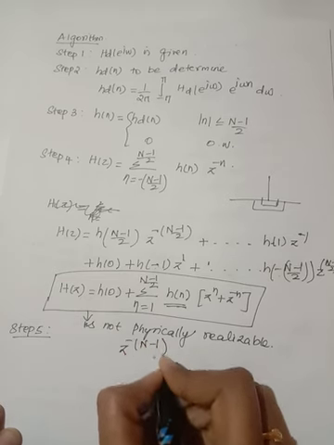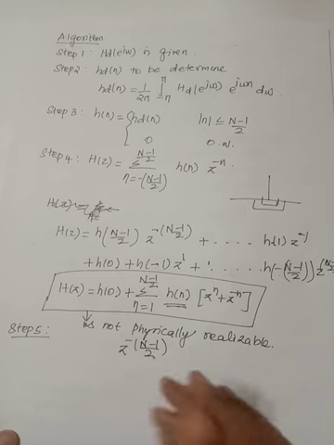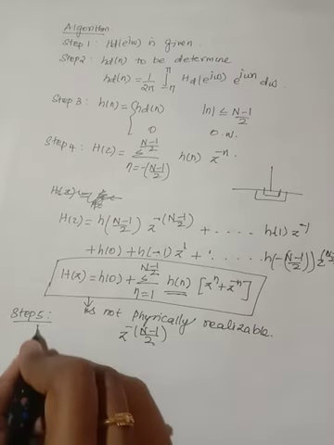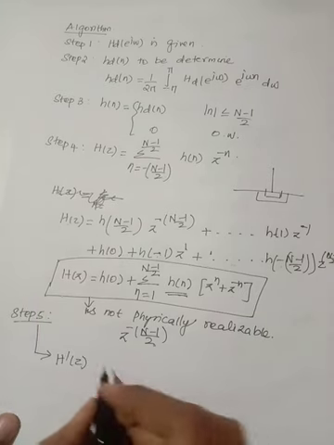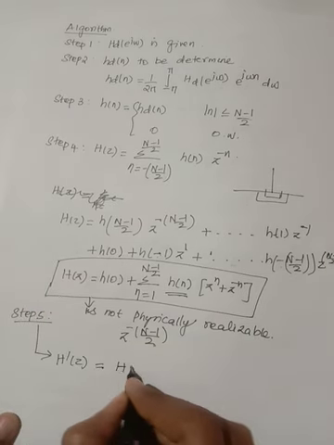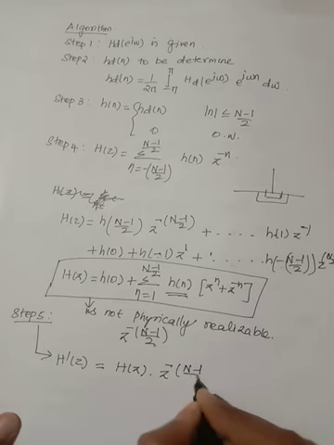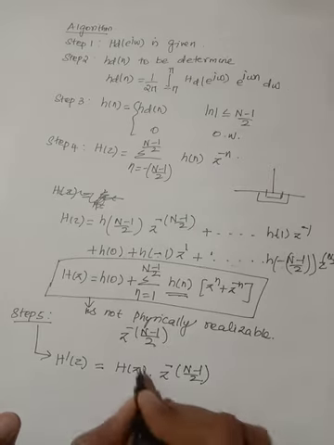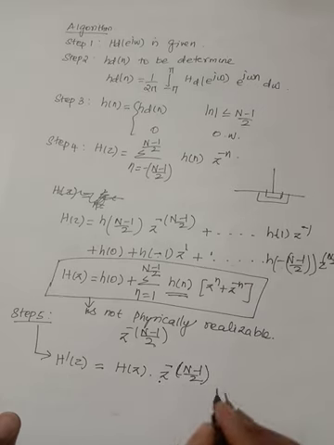I am going to assume there will usually be z power minus (n minus 1) by 2 delays. So I am going to rewrite this transfer function H of z as H dash of z, which is nothing but H of z into z power minus (n minus 1) by 2. Why am I multiplying with z power minus (n minus 1) by 2 here?